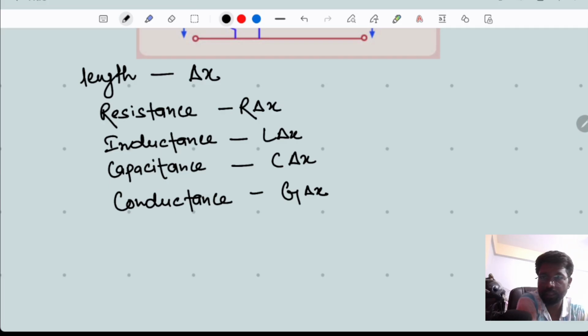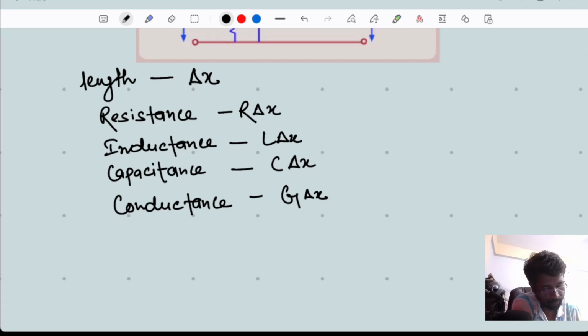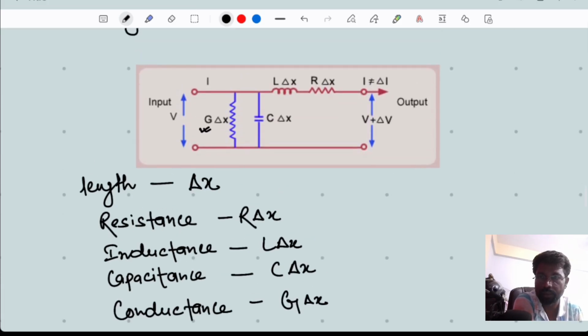We know that these four parameters are distributed throughout the length of the transmission line. We have considered very small sections of the length of the transmission line, and this is the delta x.